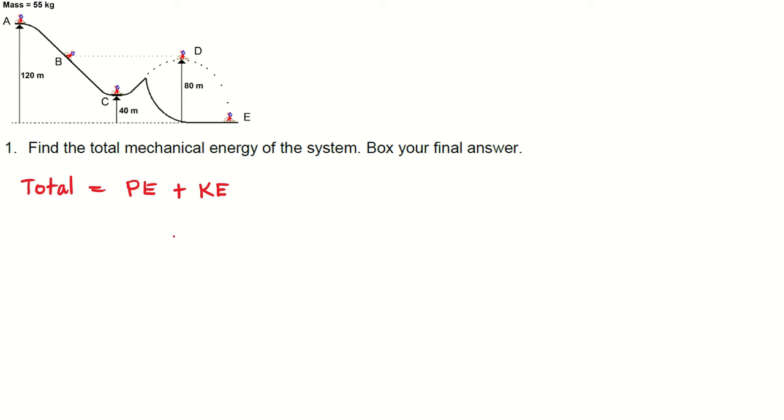So we just need to find the potential energy of the skier at this position. Remember that PE is equal to mgh and our mass is 55 kilograms, as stated in the problem. g is a constant, 9.8, and the height is 120 meters.